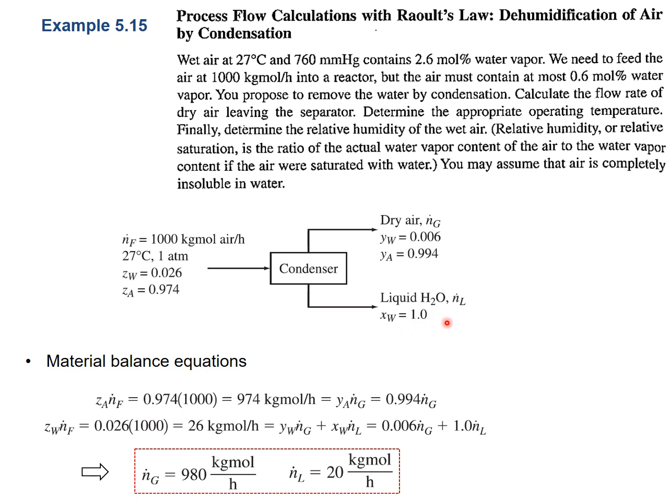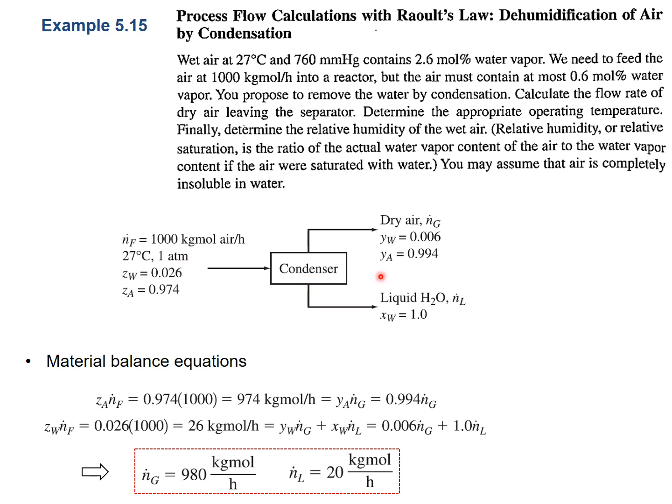That is the situation. We have no information about the flow rate for dry air and the flow rate for pure water in those two product streams, and also we have no idea about the temperature of the condenser. So let's try to calculate those things.